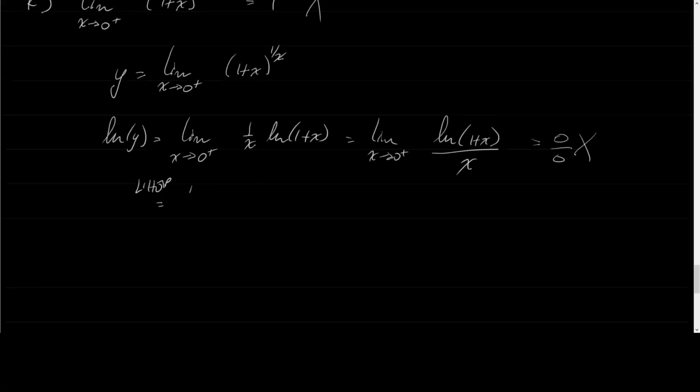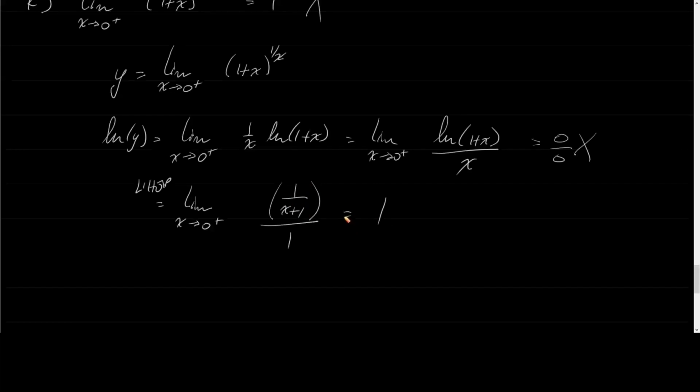And in here, what do I get? The limit as x approaches 0 from the right of 1 over 1 plus x, over 1. And as we approach 0, 0 plus 1 is 1, 1 over 1, 1, and then over 1, 1. Okay.